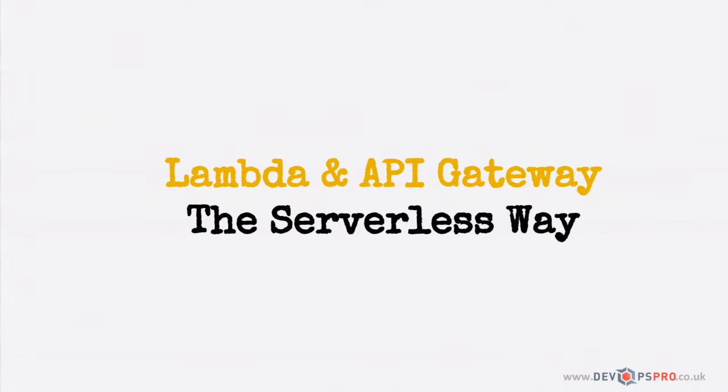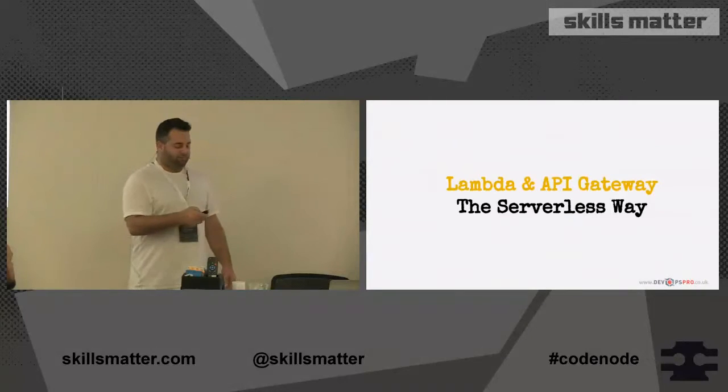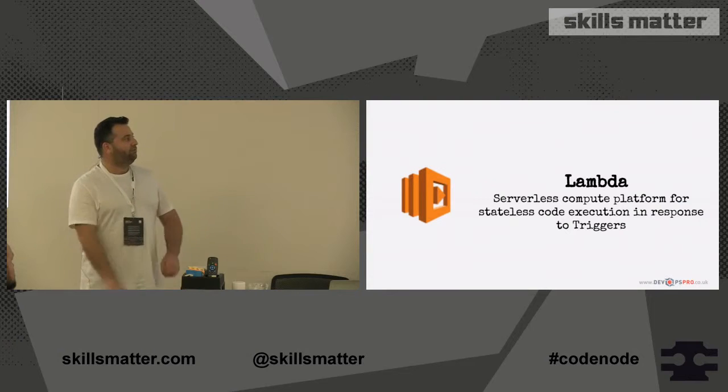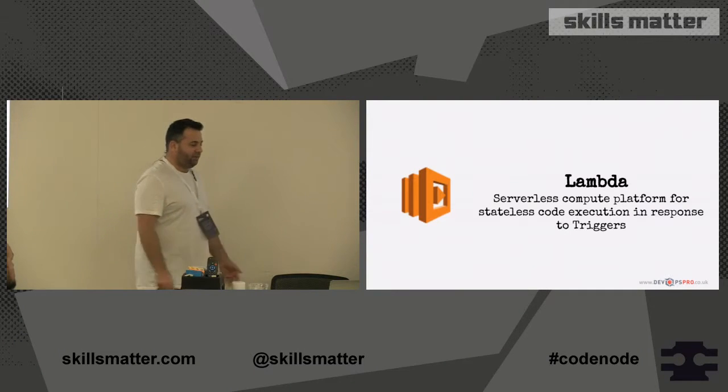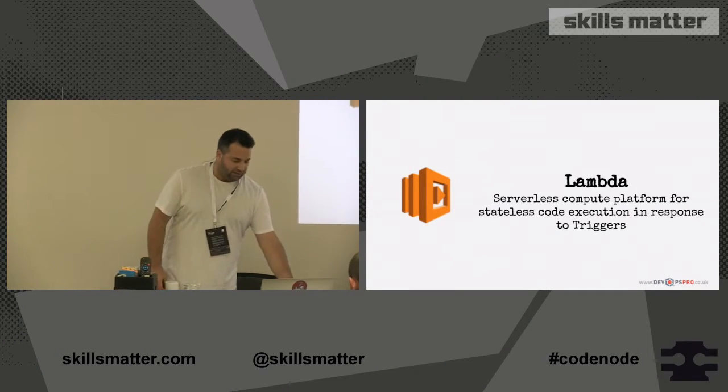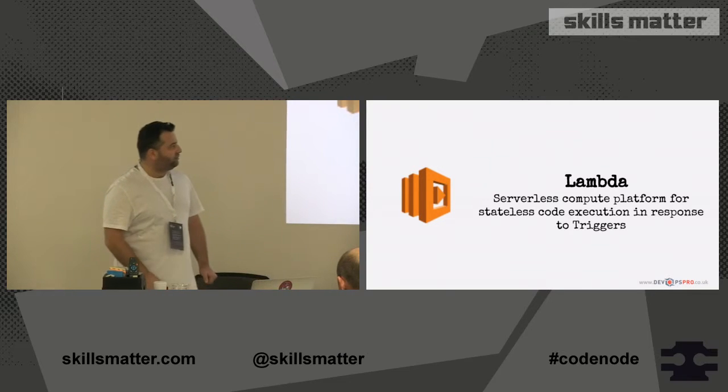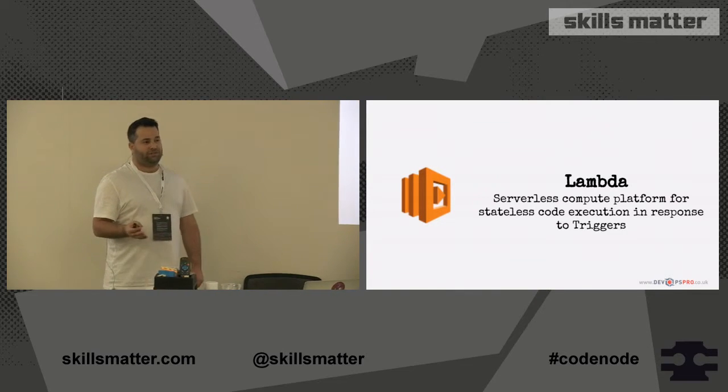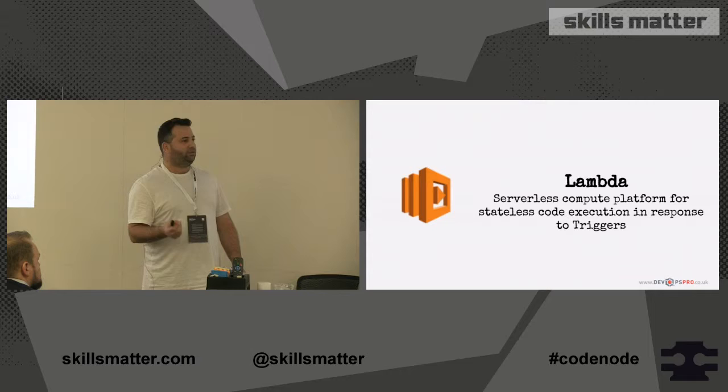So the first topic in AWS we're going to talk about is Lambda and API Gateway, which is the serverless way of Amazon. What does Lambda give us? Lambda gives us the serverless compute platform inside of Amazon. It brings us stateless, only stateless.